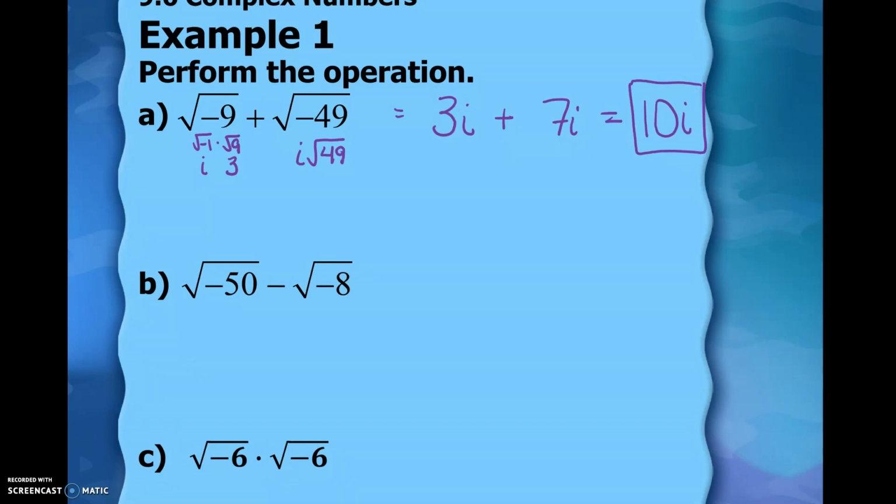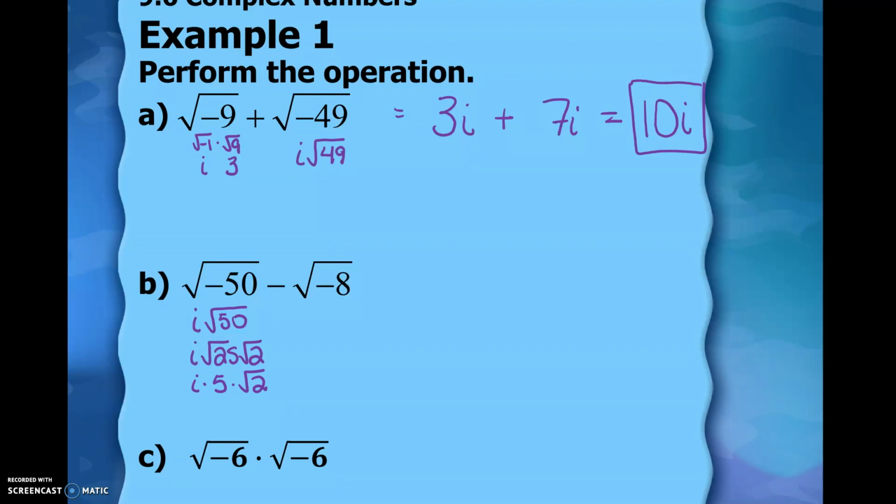Okay, square root of -50. You know that there's an I because of the negative under the radical. So this is I times the square root of 50. Can we split up the square root of 50? Using what? 25 and 2. The square root of 25 is 5.